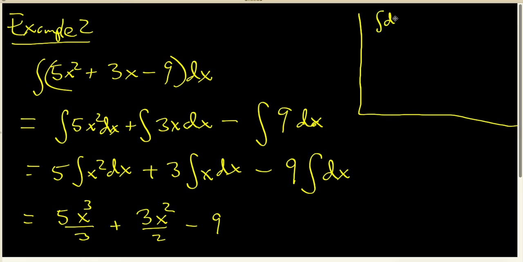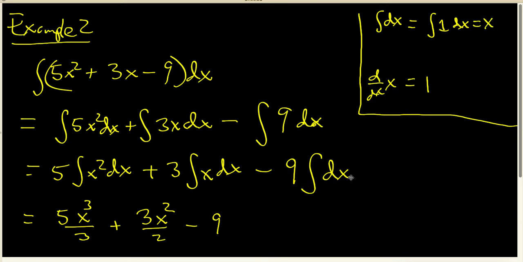If I'm looking at the integral of just dx, that is technically the integral of 1 times dx. And I know that the derivative of a single x is equal to 1. So the antiderivative of 1 is just going to be x.